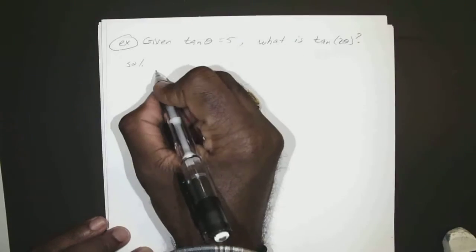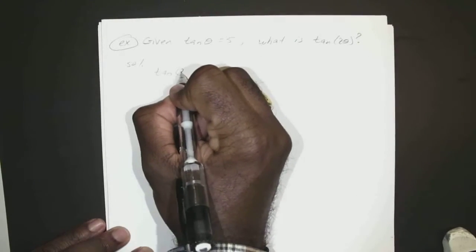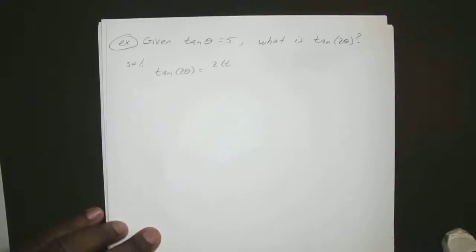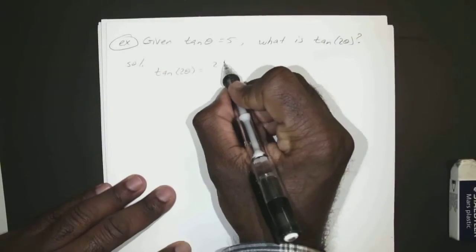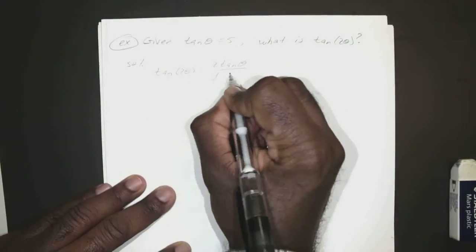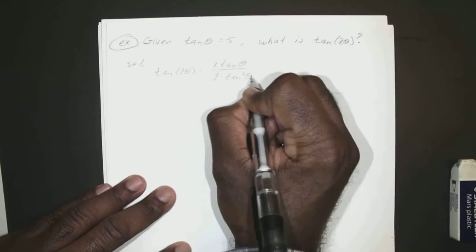Okay, so we know that our tangent of 2 theta is equal to 2 times the tangent of theta divided by 1 minus tangent squared of theta.